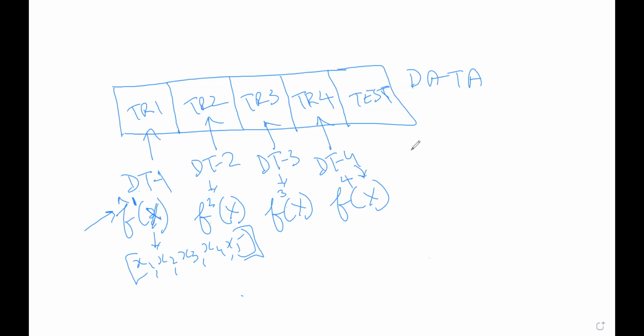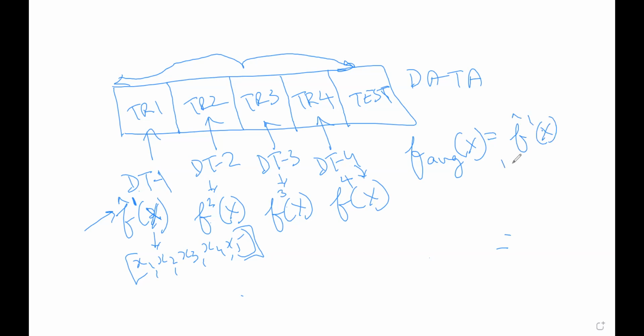My prediction, which is f of average of the full data, is given by: I take the first decision tree which I have built, plus the second decision tree, plus the third decision tree, plus the fourth decision tree.